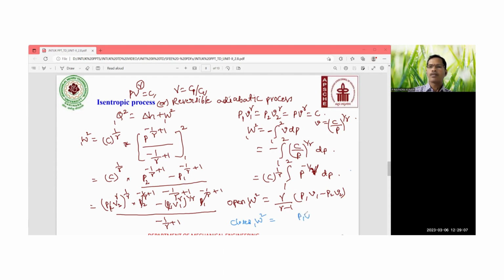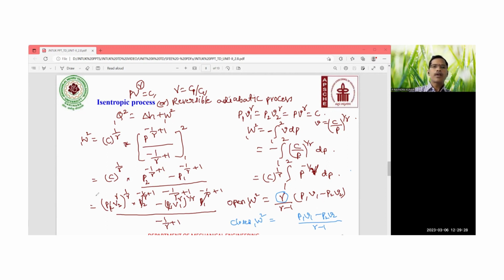You will get P1 V1 minus P2 V2 divided by gamma minus 1. Only for the open system you get gamma by gamma minus 1 into P1 V1 minus P2 V2, right?